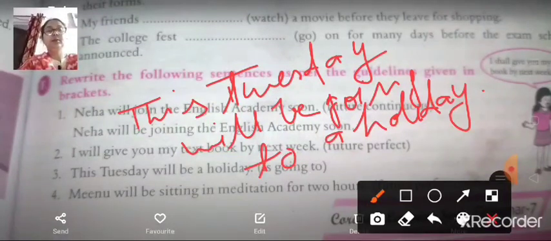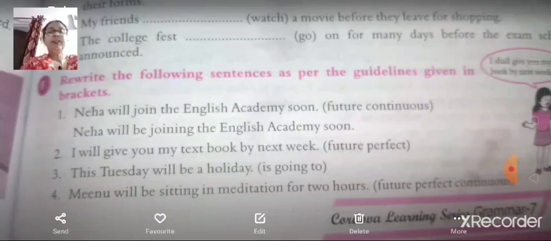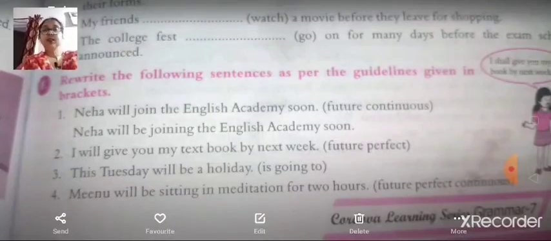And after that we can see the fourth one, Meenu will be sitting in meditation for 2 hours. Future perfect continuous tense. As we have discussed, future perfect continuous tense is will have been plus ing.